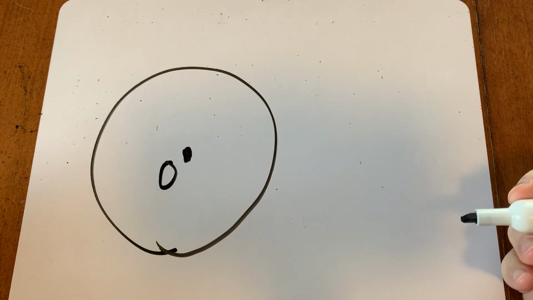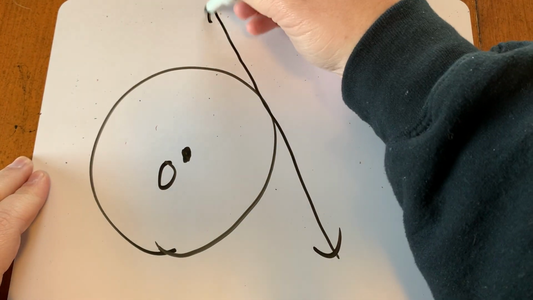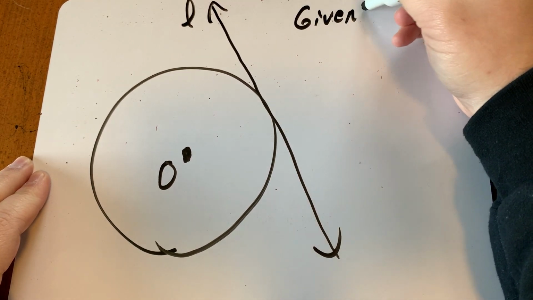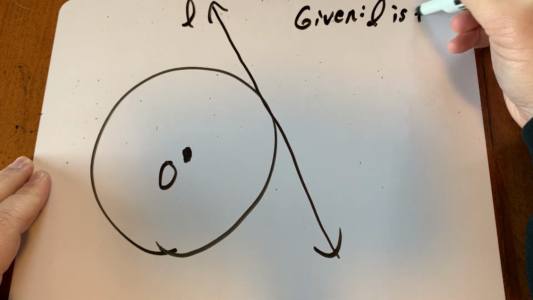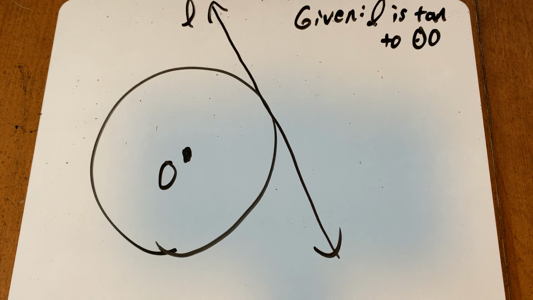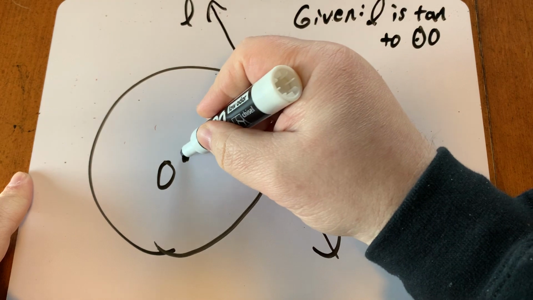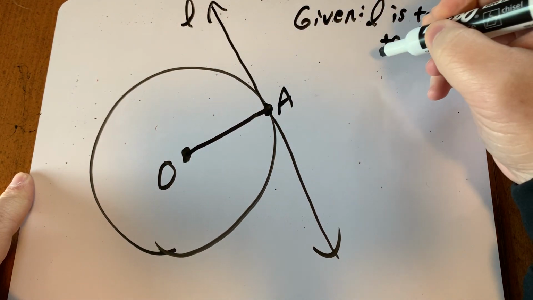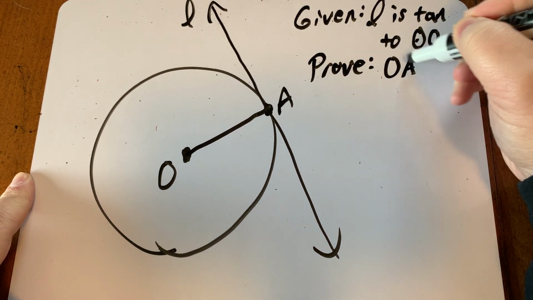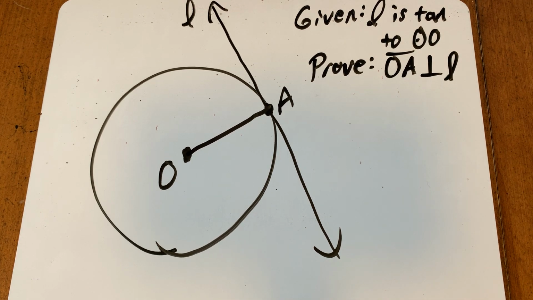So let's say we're given circle O, and we're given line L is tangent to that. So we're given L is tangent to circle O. So that's what we're given. What we will want to prove is that OA is perpendicular to L. That's what we would want to show.